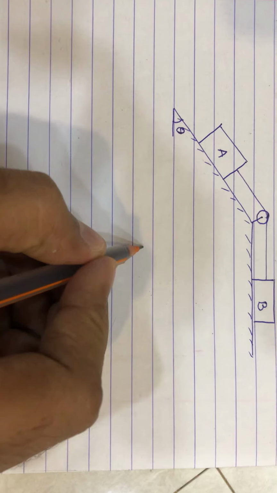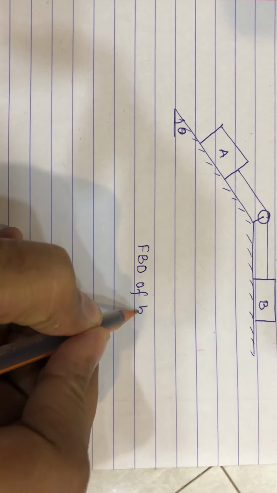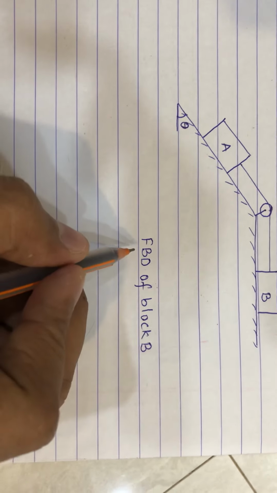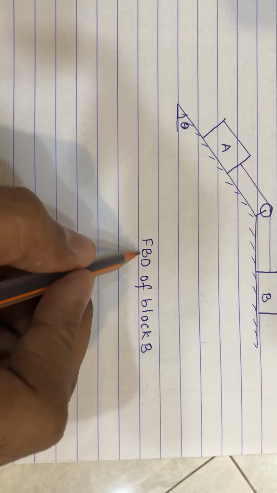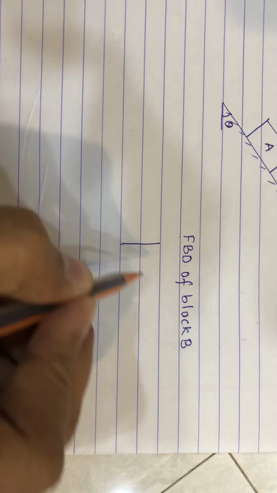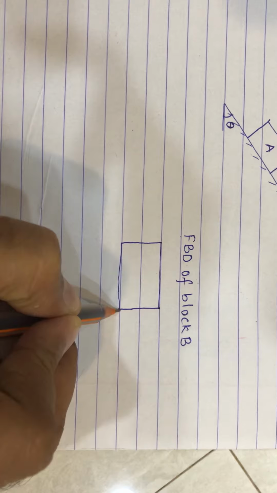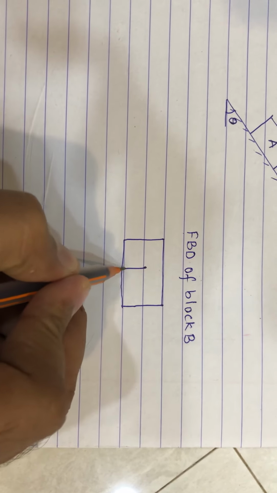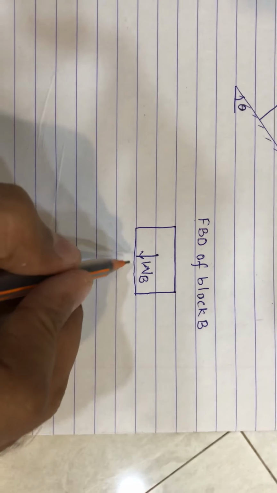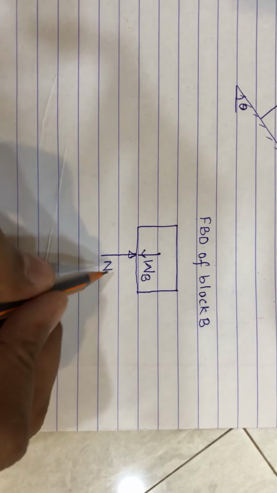We'll start with the FBD of block B, where FBD stands for free body diagram. As block B is shown in this way, the weight of block B will act in the downward direction, whereas the normal reaction will act upward.